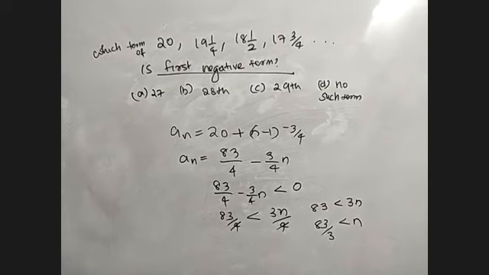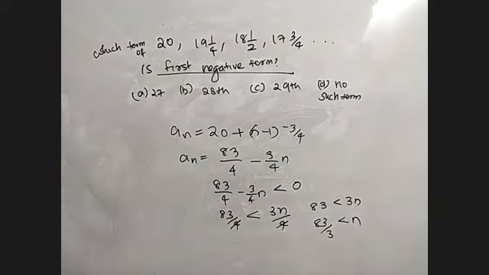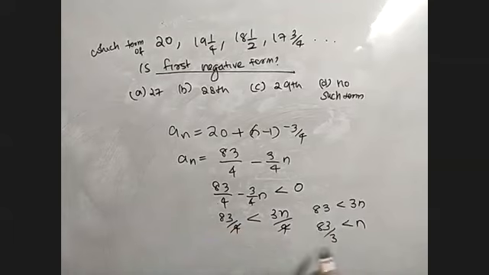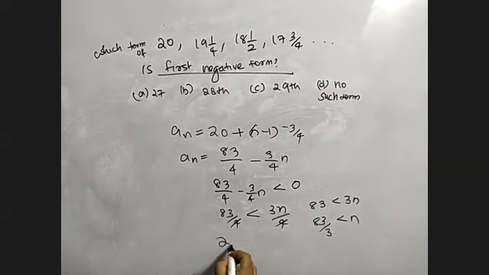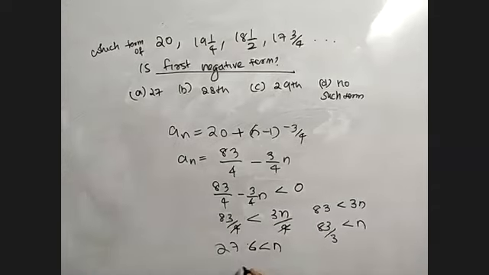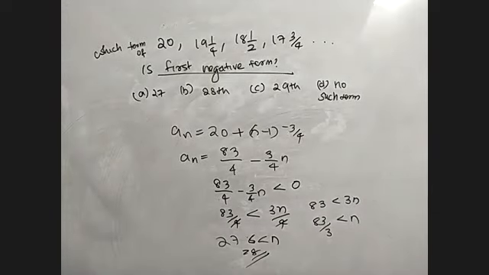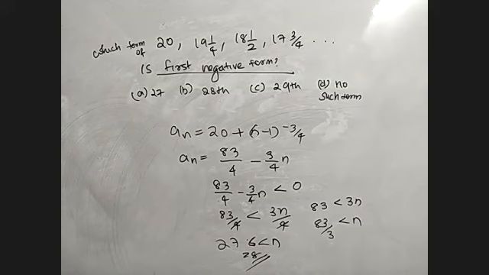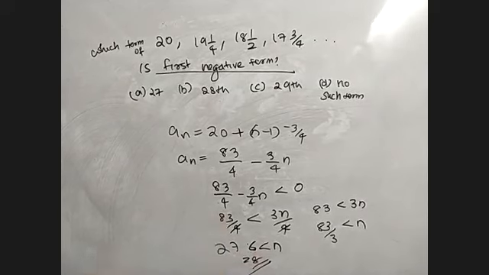It's 27.6. Yes. 27.6 less than n, so that means 28 should come now.